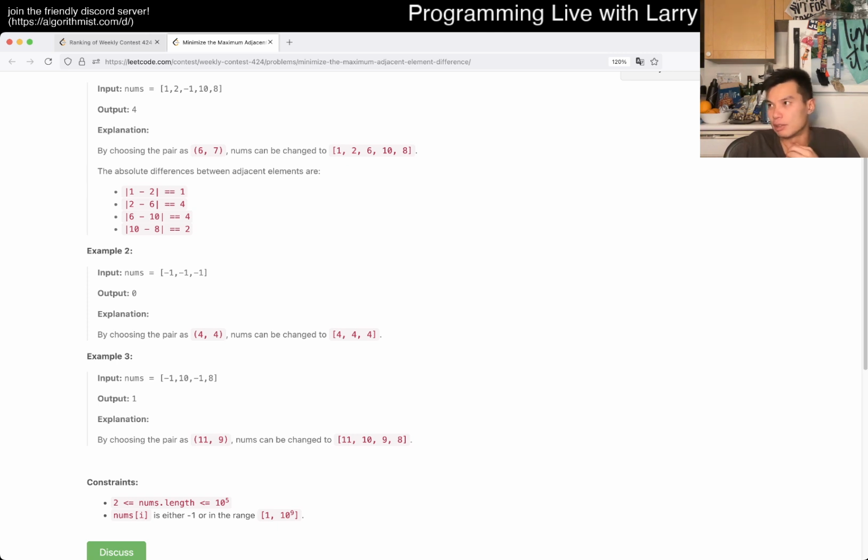And even one number is fine, that's true. How do I choose between something like this? I guess we'll do greedy. What would that greedy look like?